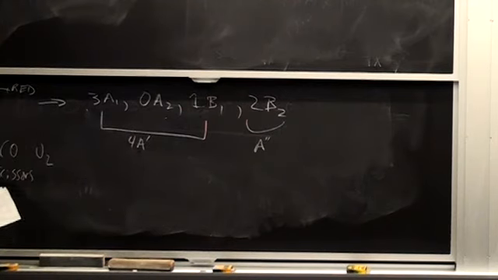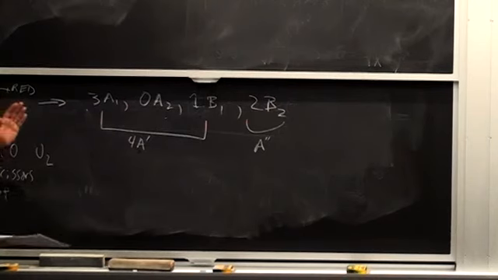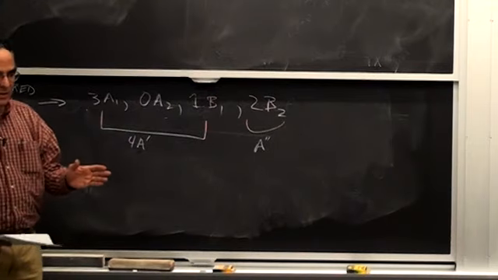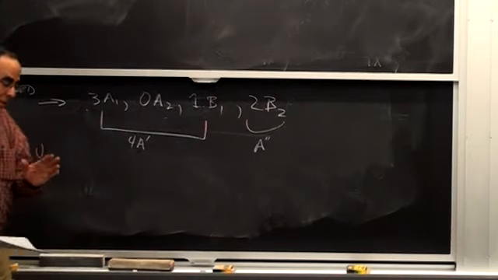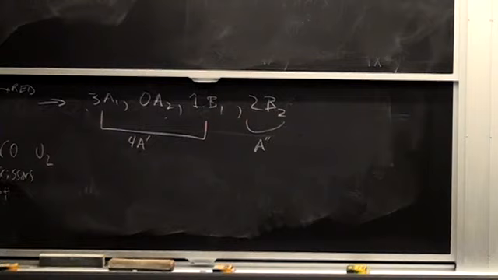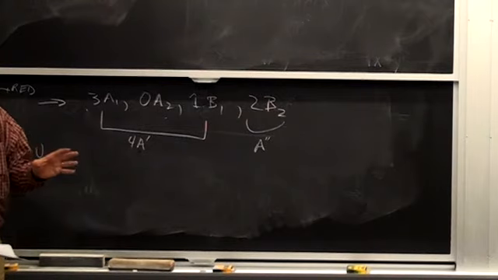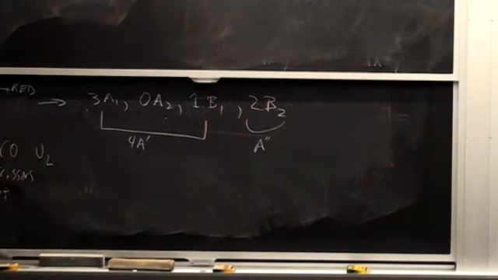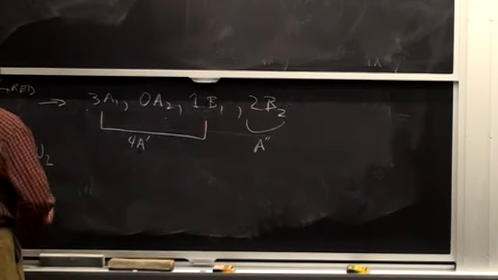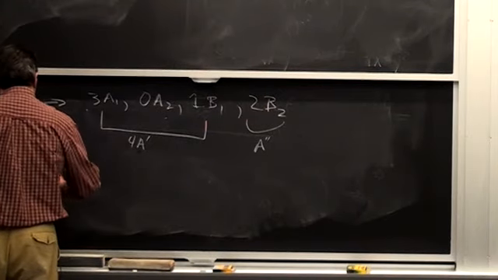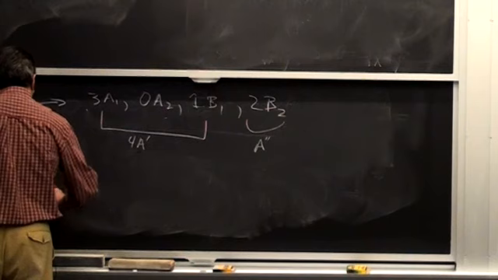So you could have a little bit of activity in the CH stretch, but generally CH stretches in electronic transitions are pretty silent, because the Franck-Condon factors are really small for a change in quanta because of the nature of the oscillator. So there are these three modes that are expected to be active, nu 3, nu 4.